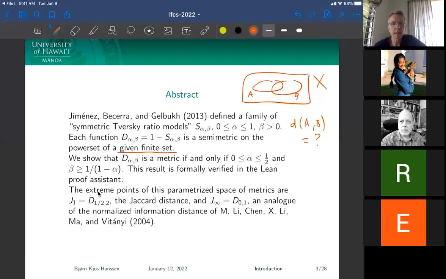And this family is interesting because for one choice of parameters, half and 2, we get the Jaccard distance, which is a famous distance measure. And for another choice, 0 and 1, we get something analogous to a distance measure that's been studied in information theory and computability theory, called the normalized information distance.